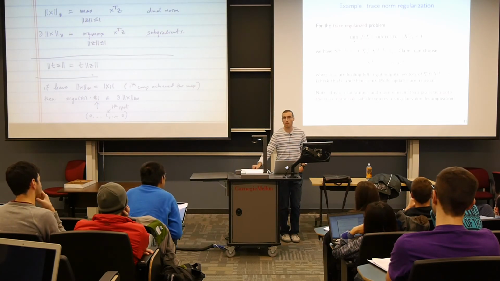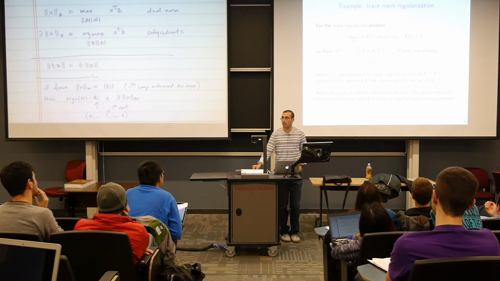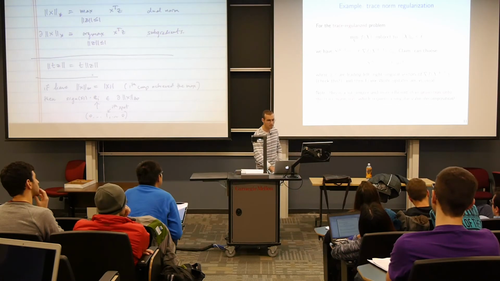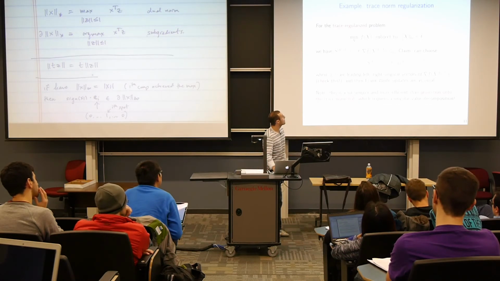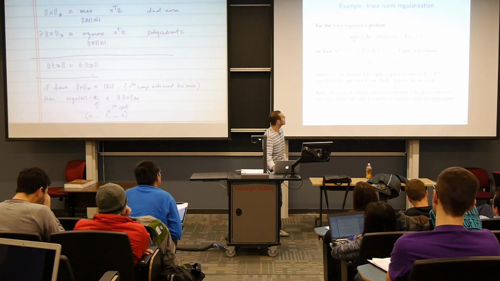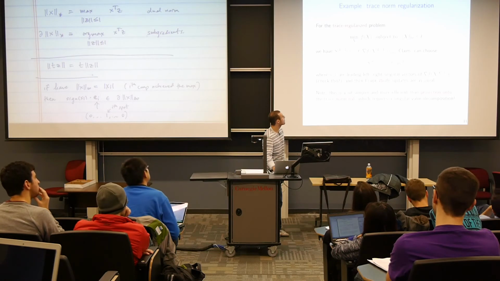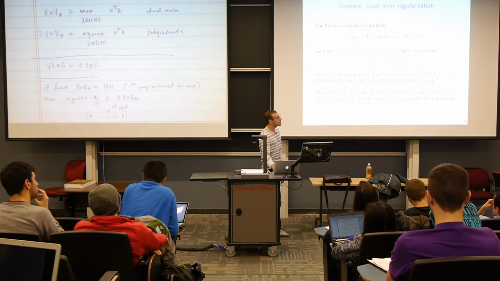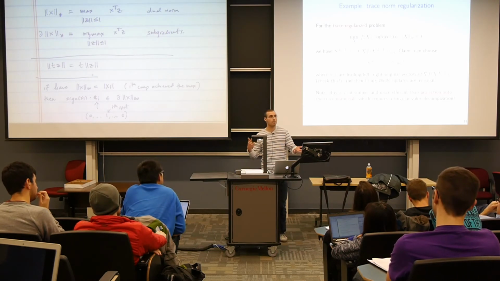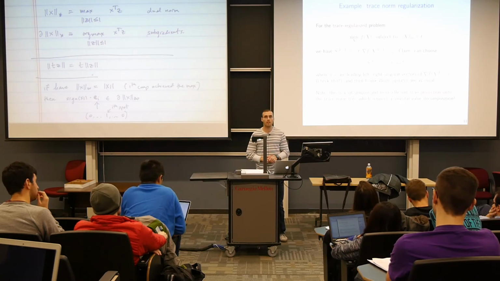Subgradients of the operator norm are something that you guys derived on a homework, and I seem to remember it being on a practice midterm as well. You can derive them just from the definition. A valid subgradient of the operator norm of x is just u v transpose, where u and v are the top left and right singular vectors of x.